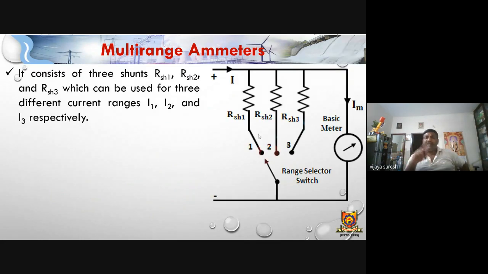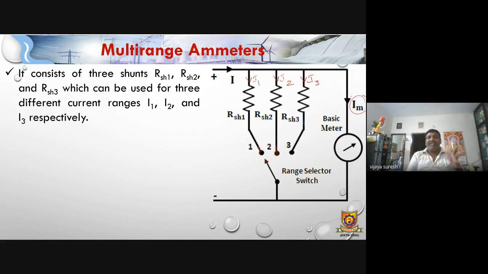It consists of three shunts, RSH1, RSH2 and RSH3, which can be used for three different current ranges, I1, I2 and I3 respectively. In the first connection we have I1 current, in the second connection I2 current, and in the third connection I3 current. So I1, I2, I3 currents are passing through RSH1, RSH2 and RSH3, and IM is passing through the meter.